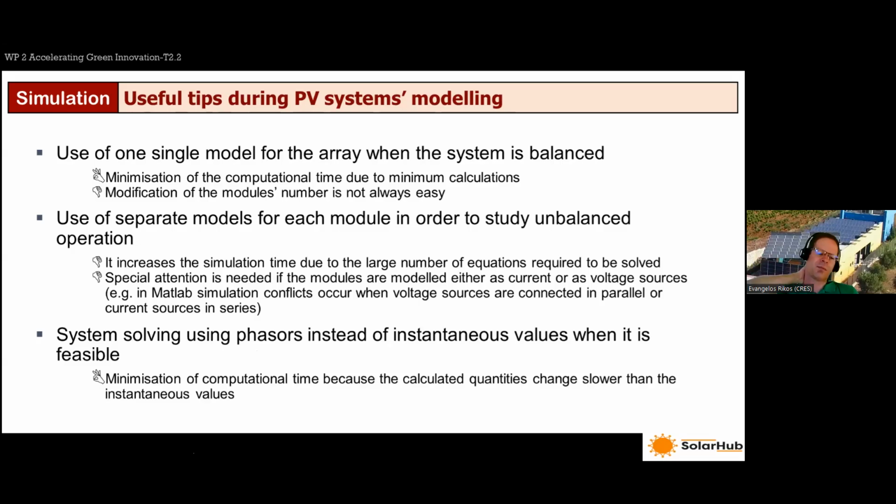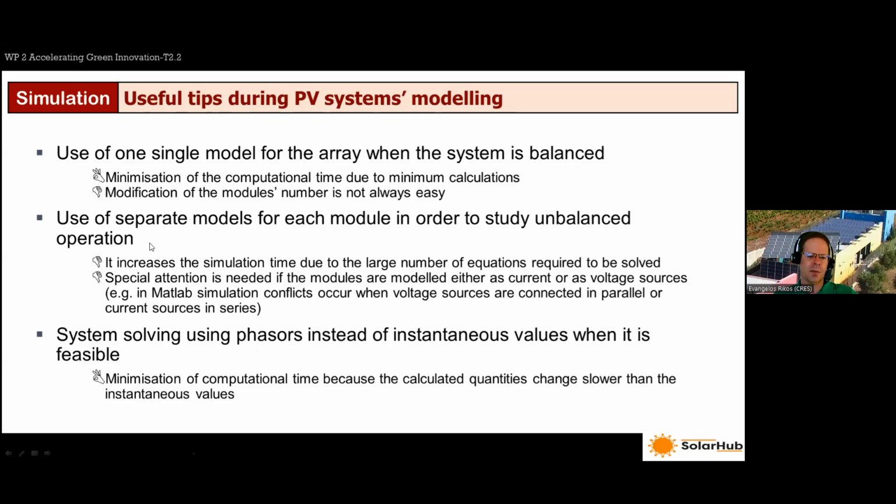But as a disadvantage, modification of the setup is not always easy in terms of the number of modules we want to emulate. You have to know the model very specifically and know which parameters to change every time in order to change the number of modules in the setup.